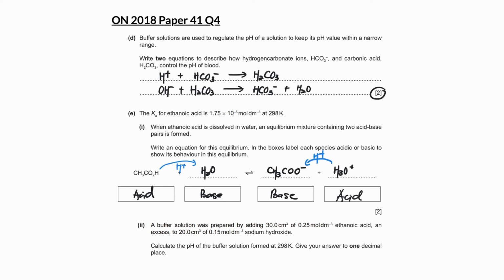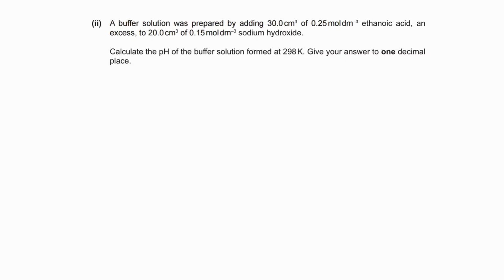Okay. So for the next question, we are required to do a calculation to find the pH of the buffer solution. What we have here is ethanoic acid and also NaOH. So we have to look into the reaction of both of them.